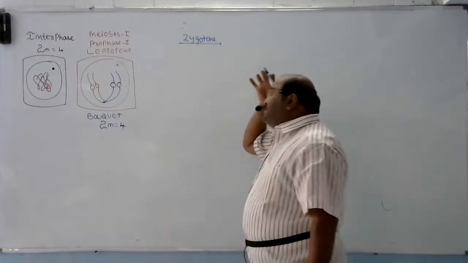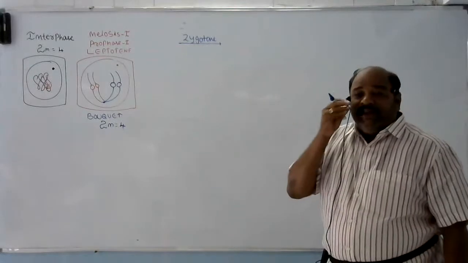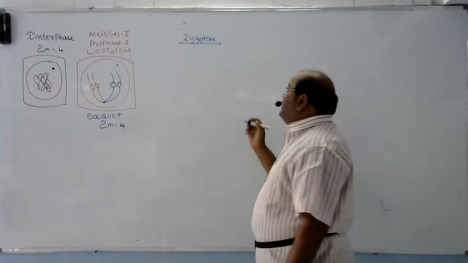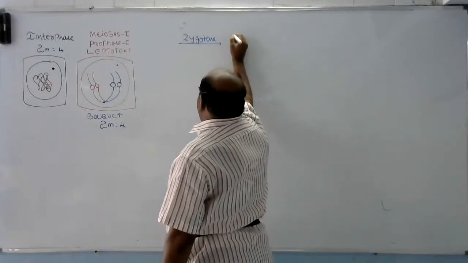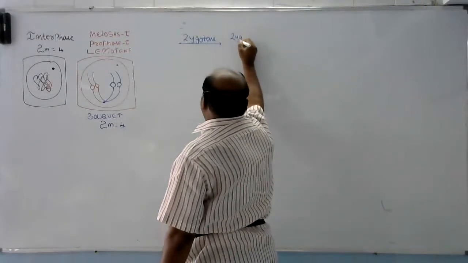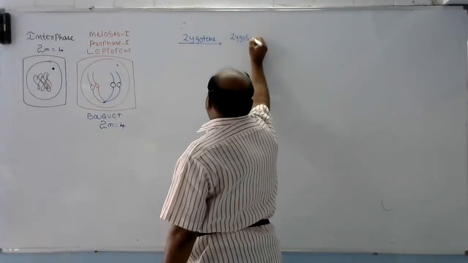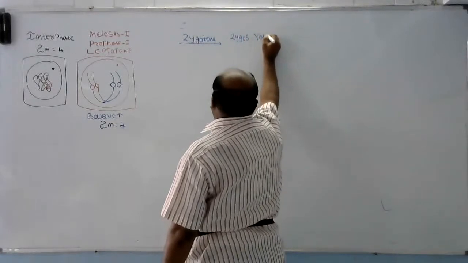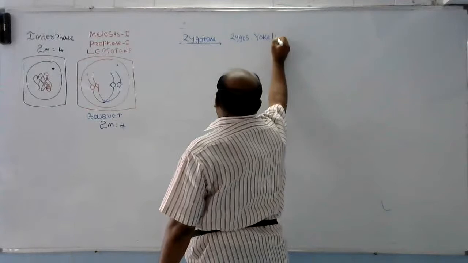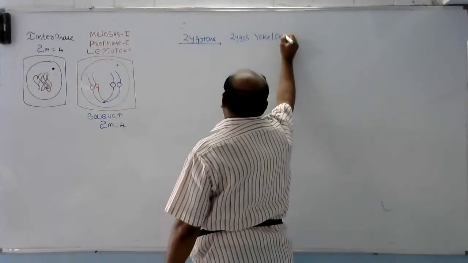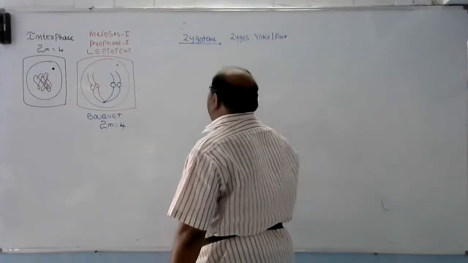Next, the stage is the zygotene stage. Here, zygos means yoke, or otherwise pair.